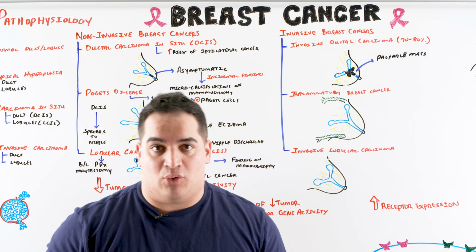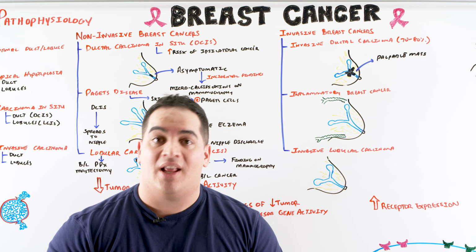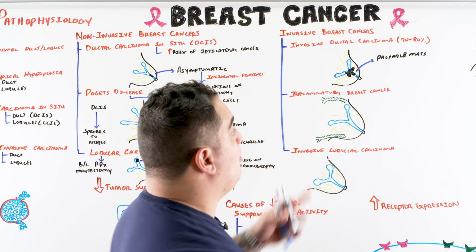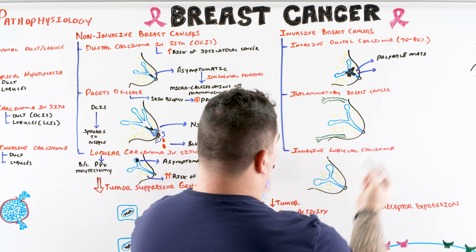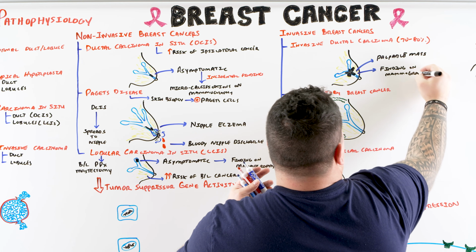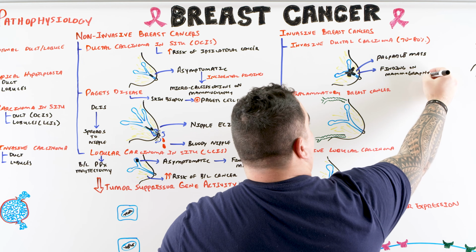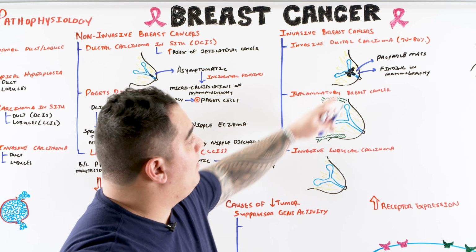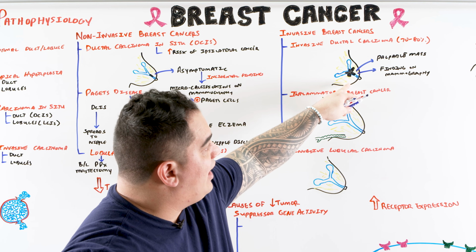That's one way that a patient will present. Sometimes they may present on their screening mammography. So it can be a palpable mass, or this could be an incidental finding on mammography. Most of the time, when you think about a patient having breast cancer, that's the type you're going to be thinking about. This is the one that can start here and spread outwards.